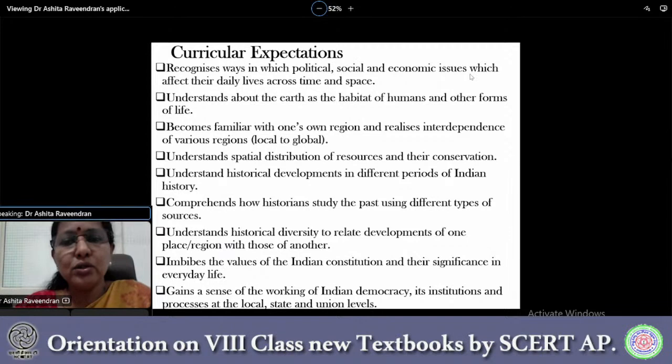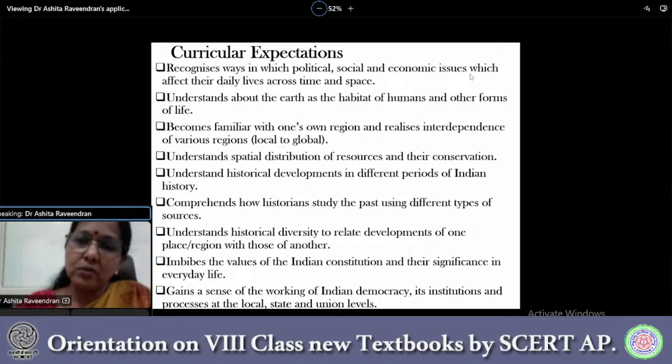Then we also need to understand the spatial distribution of resources and how they can be conserved, because there are many resources available to us, but these resources are not available in plenty, and we have to make choices between whether to utilize these resources completely right now or keep them for the future.